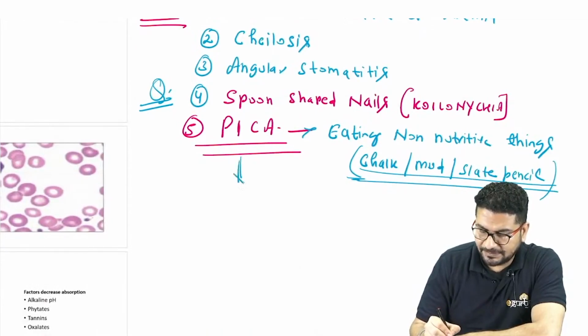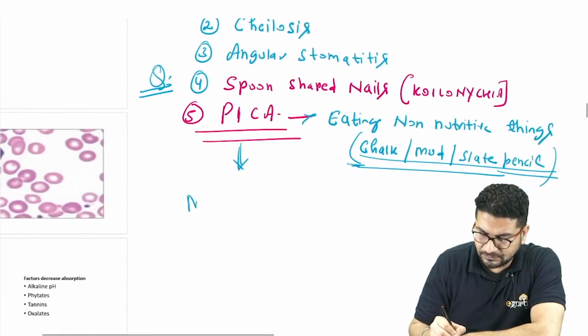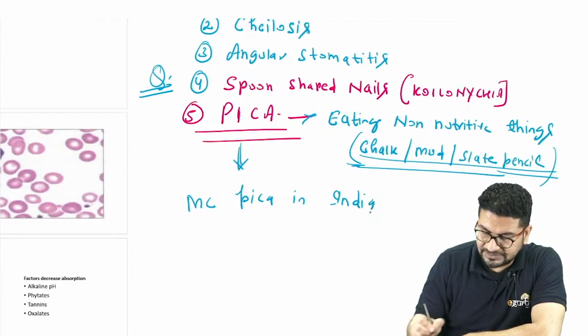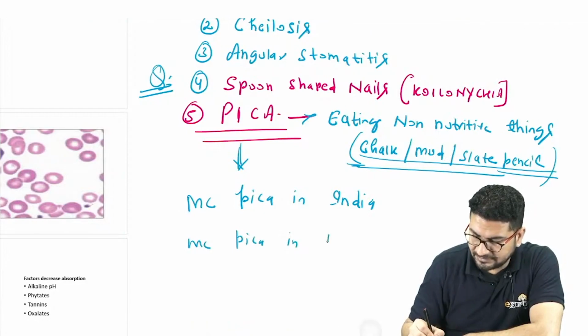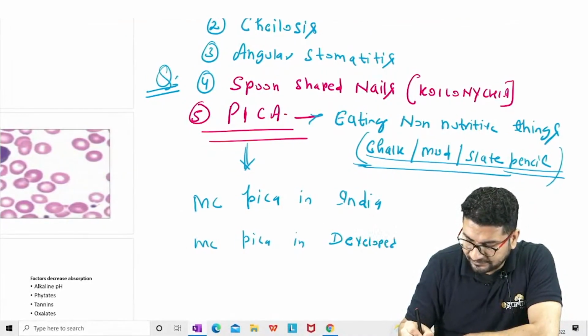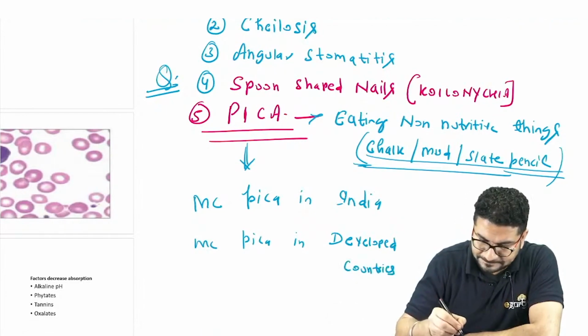There are two types of common pica. The most common pica seen in India, and the most common pica seen in developed countries, or I can say cold countries.